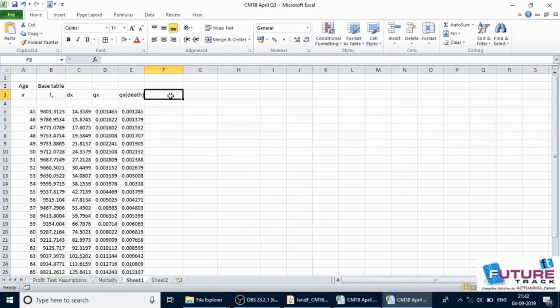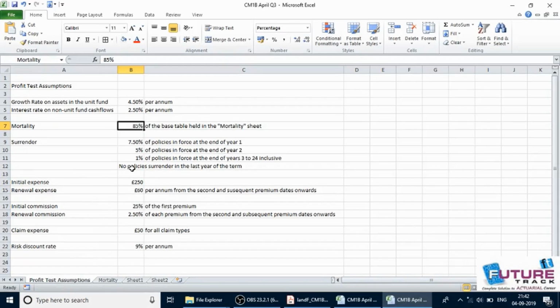Now qx surrender, let's first check the profit test assumption. In the first year it is 7.5%, then 5%, then 1%, and 3 to 24 inclusive, that is, in the last year you can't have surrender. Fine.